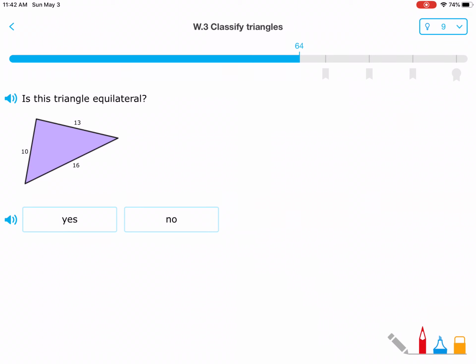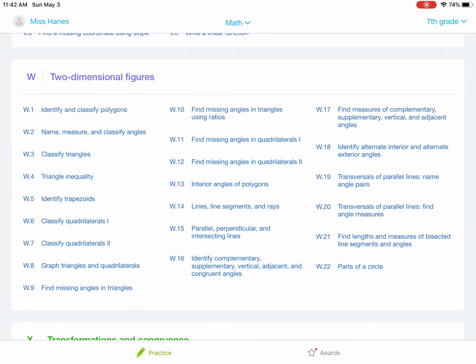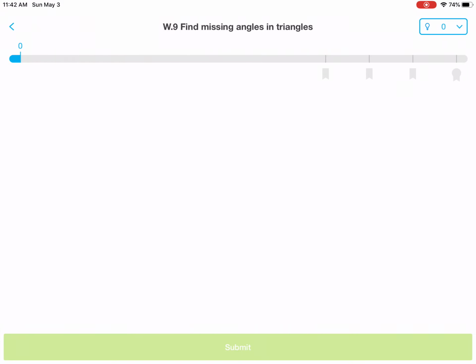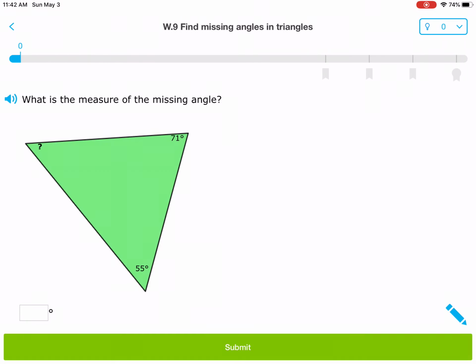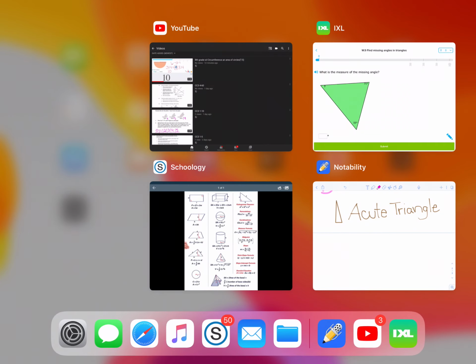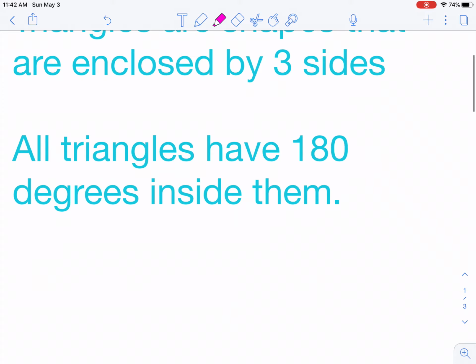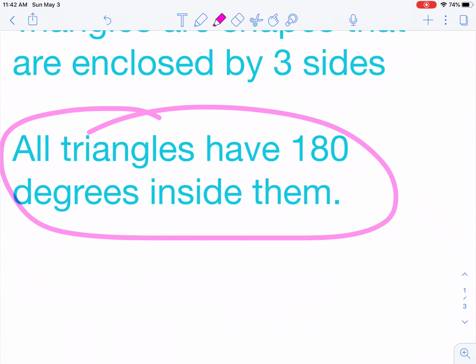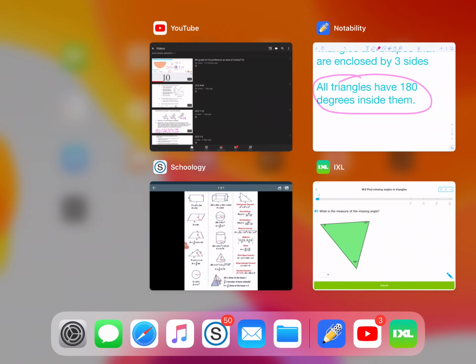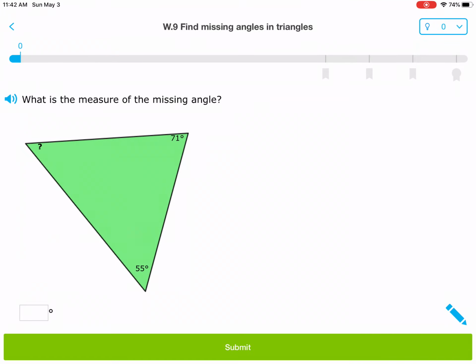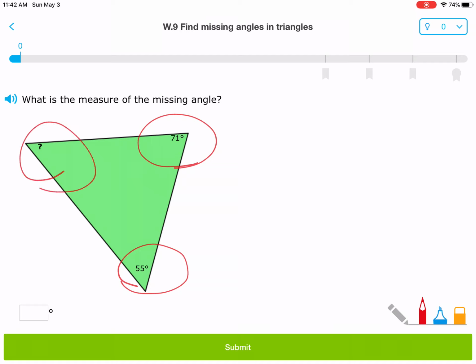All right, the next one we're going to take a look at is W9. Finding the missing angles. So if you remember back to those notes that we looked at, I said that all triangles have 180 degrees inside them. Okay, so that means that 55 plus 71 plus something else has to equal 180.